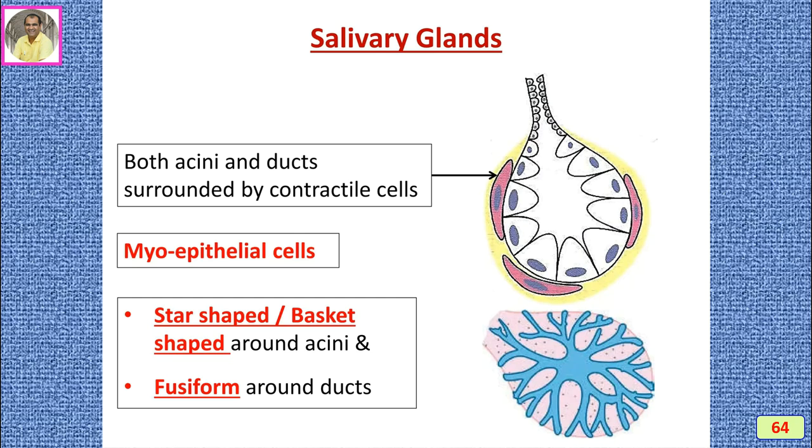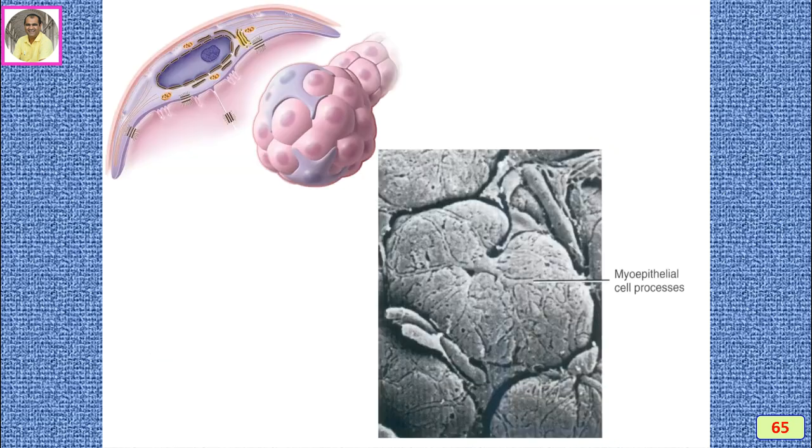Myo means muscle, because as and when required, the muscles tighten and the secretion is released into the required place. These are the myoepithelial cells, which contract to carry out exocytosis of the content present in the acini.